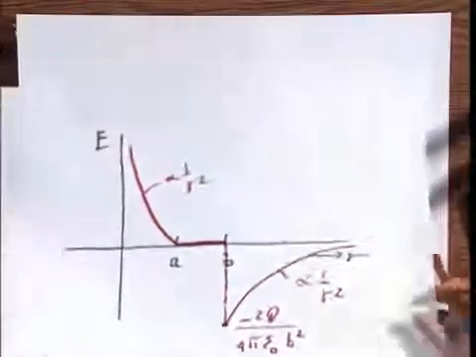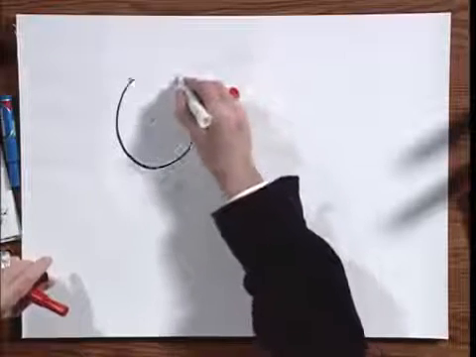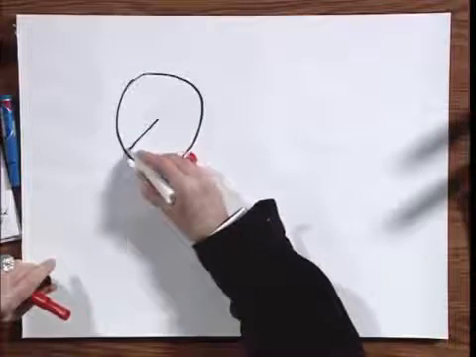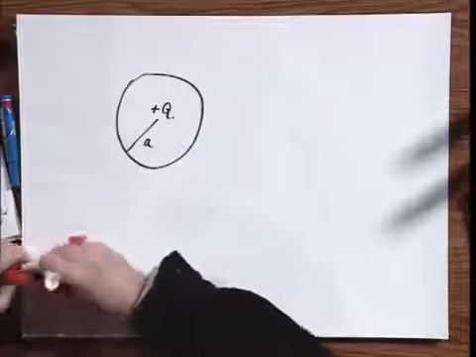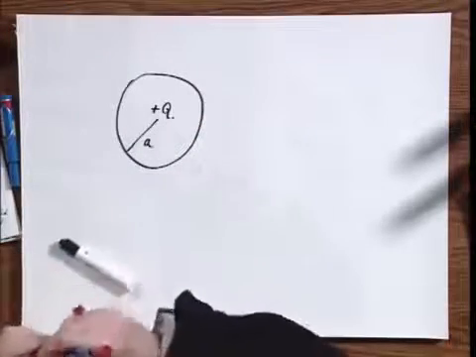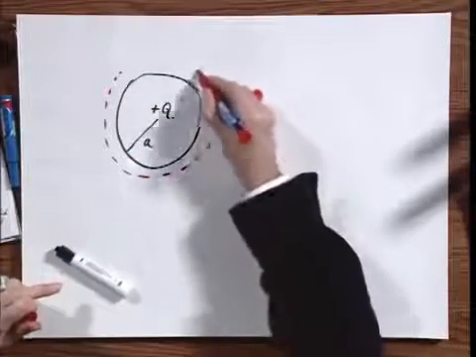Now we are being asked about the induced charges. If I have here the inner cavity, radius A, and charge plus Q here, then I know that the electric field anywhere here in the metal is 0.